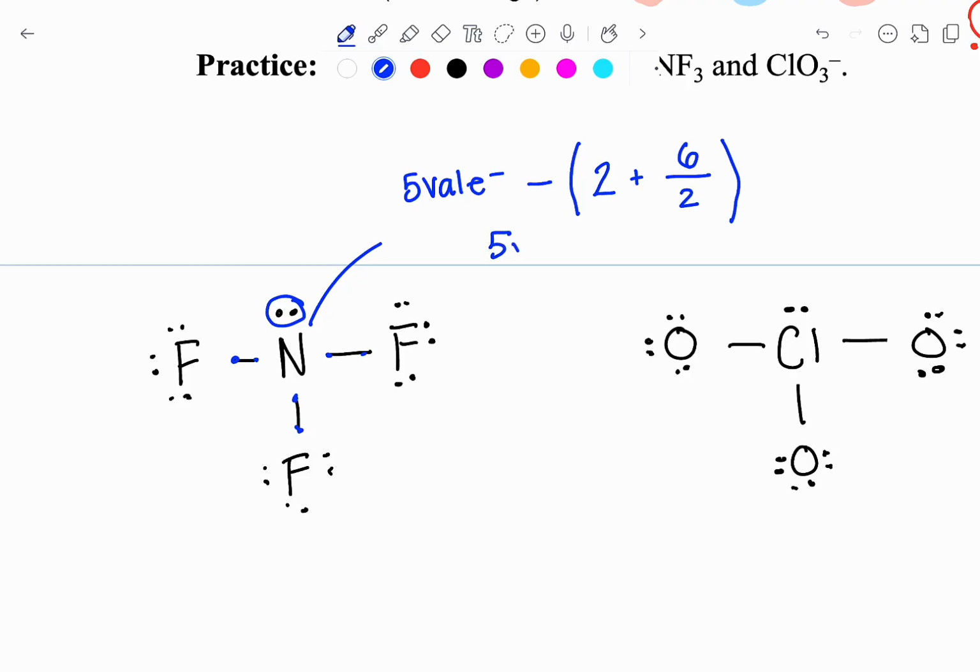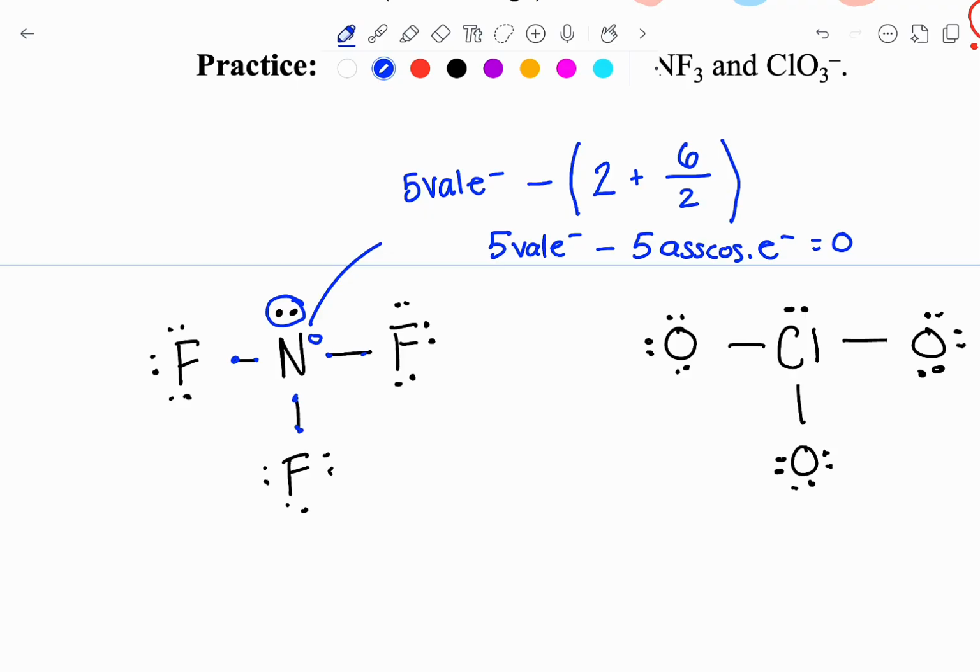So we get 5 valence electrons minus 5 associated electrons. So that gives me a formal charge of 0. Okay, so my formal charge on my nitrogen is going to be 0. I am going to write it just to show that we did it. You would not typically write it on that nitrogen, but we are going to write it just to show that it has a formal charge of 0.